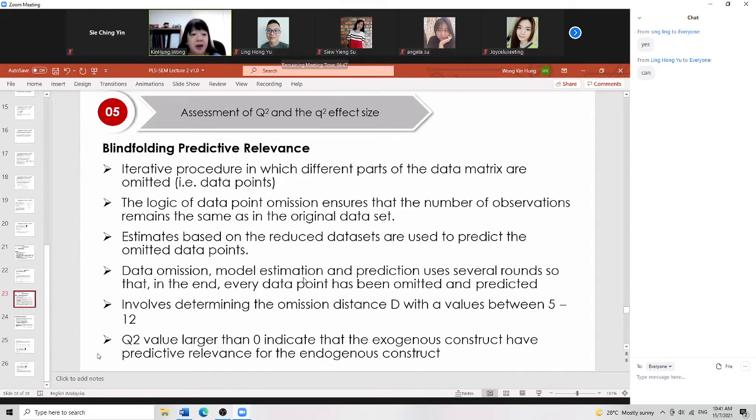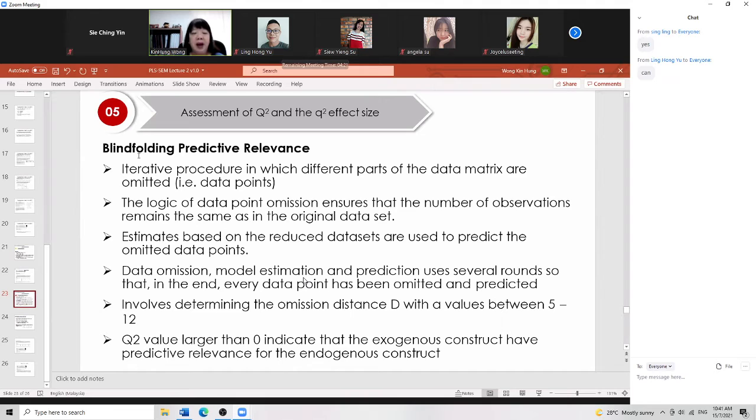So blindfolding predictive relevance, okay? This one, just know, all right? We don't do blindfolding. So these are interactive procedures in which different parts of the data matrix are omitted, okay? The number of observations remains the same as the original set.